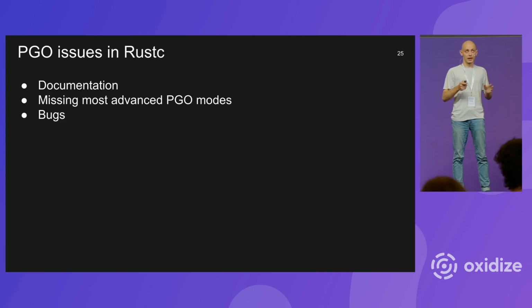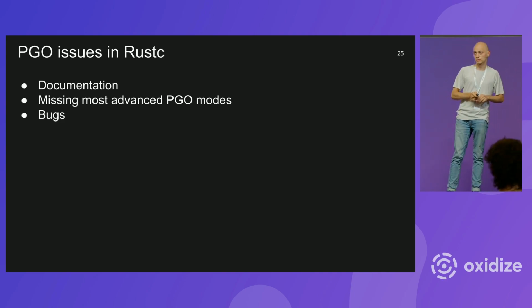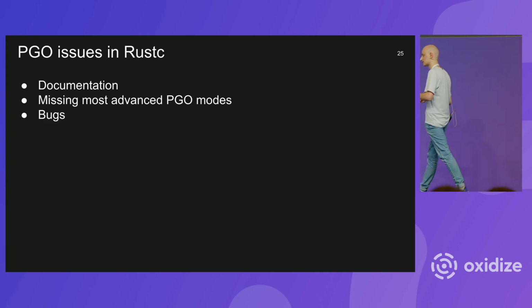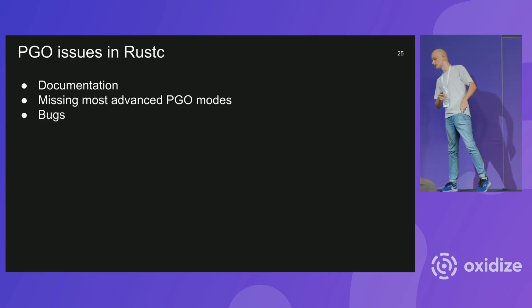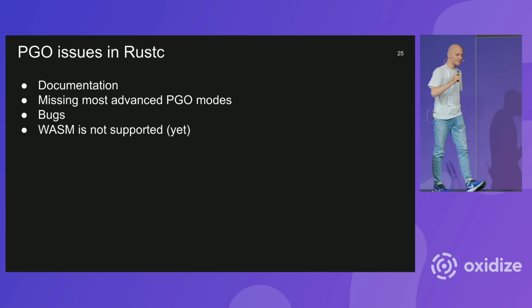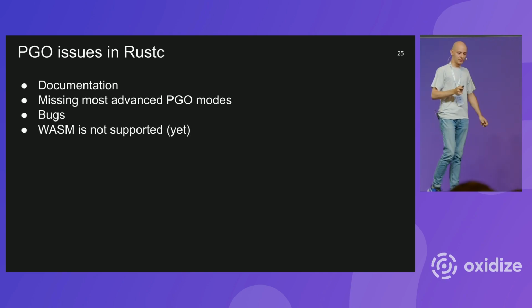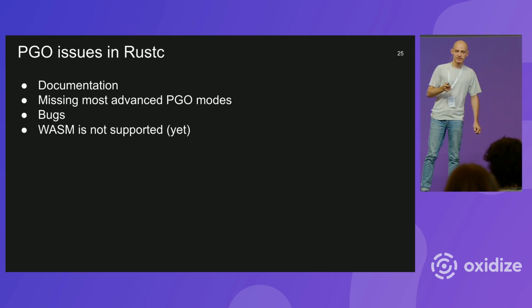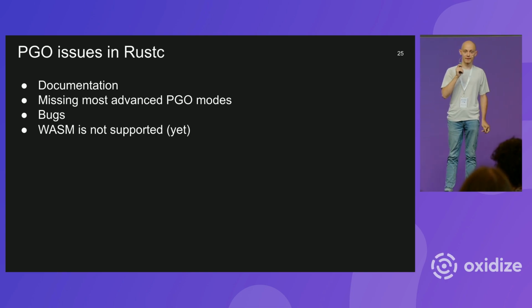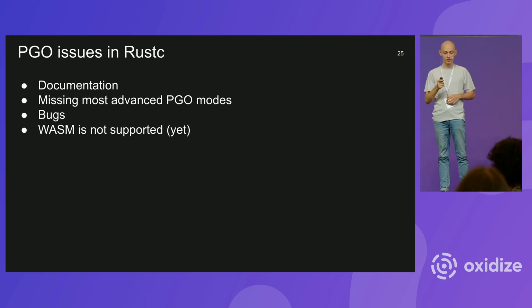I've reported more than 10 projects with the same bug, but unfortunately it's not fixed yet. I need to check my counter. Oh, OK. And the WebAssembly target is not supported yet due to some LLVM limitation. This one will be resolved this year, I hope so.